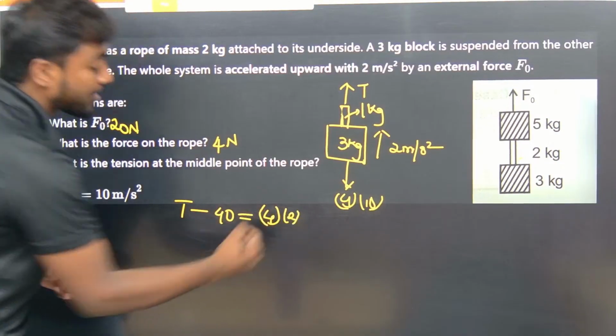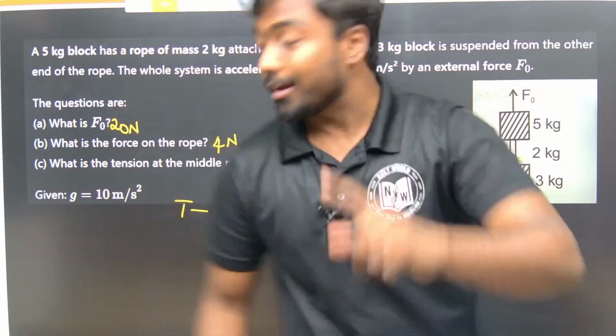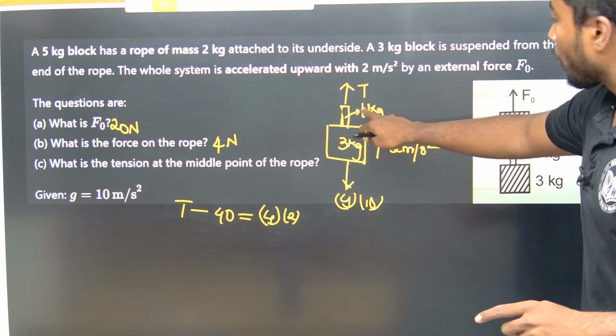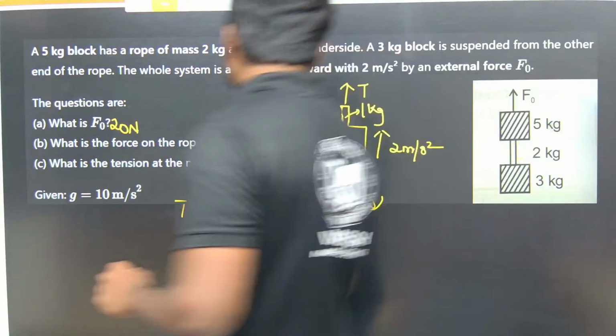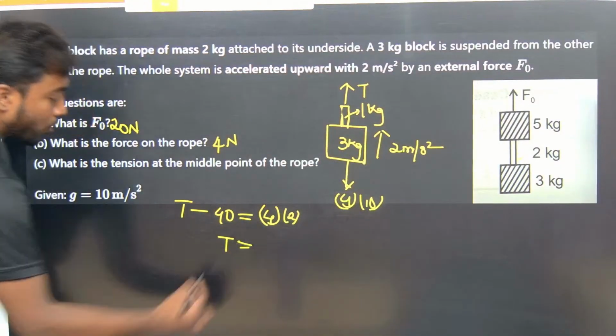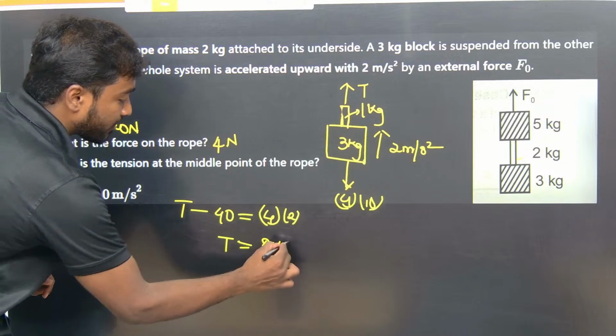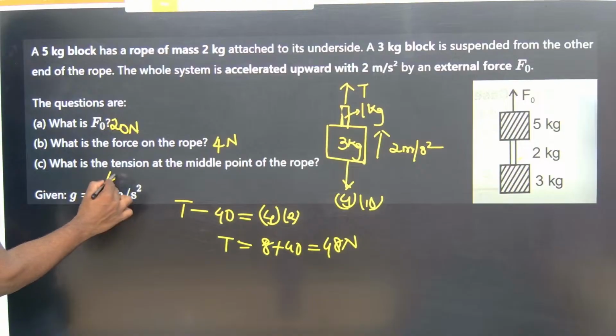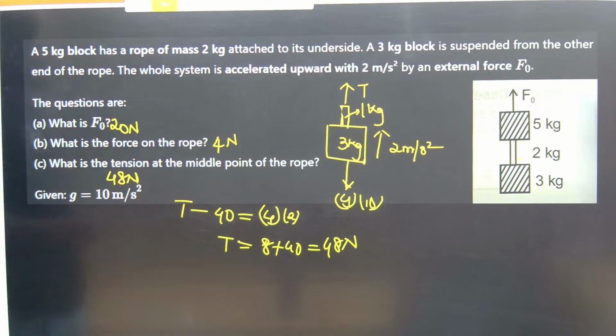The total mass I should consider here, not only the mass of the block, since the rope also has mass. So, T is equal to 8 plus 40. The answer will be 48 Newton. So, this is the answer for the third question.